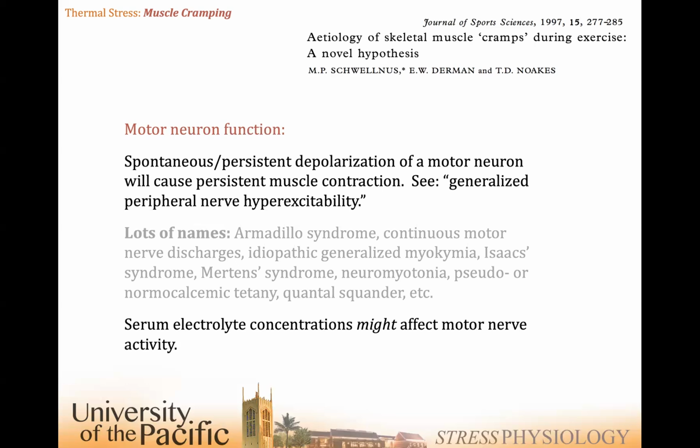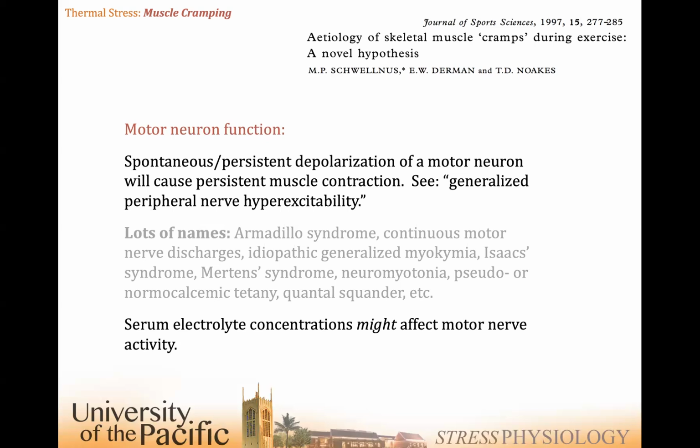Spontaneous depolarization, or there's a ton of names for this. Armadillo syndrome is my favorite name, but when we're looking at this persistent muscle contraction, maybe there's something here. I don't know. There could be. Let's start in the primary motor cortex and just get some misbehavior of the alpha motor nerves.